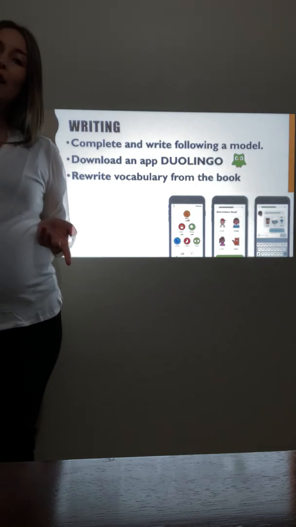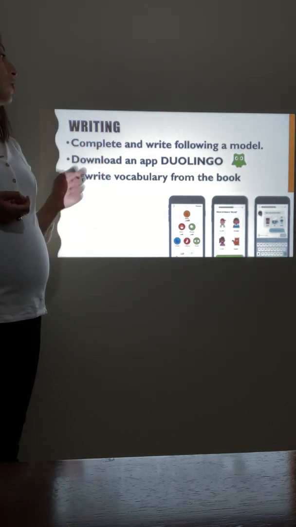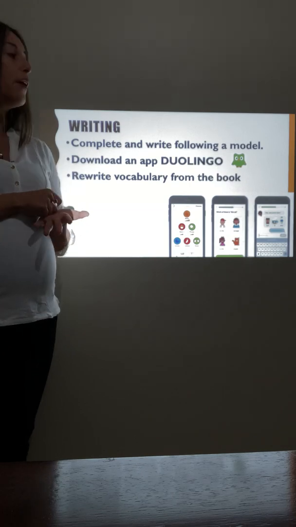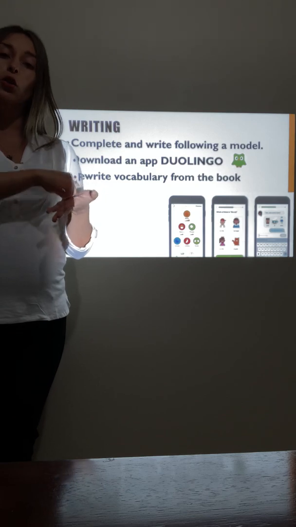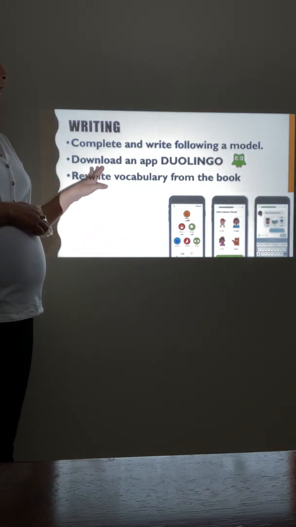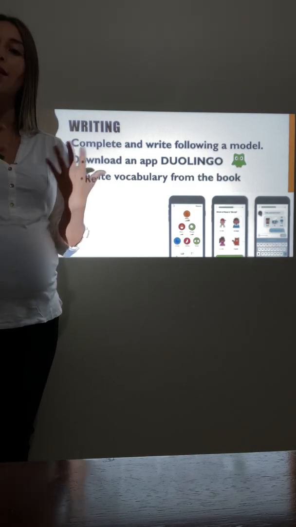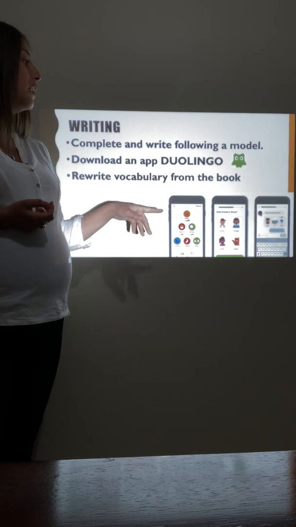Writing is a little bit more difficult for some of you, but you can write completing and writing following a model as we do in the worksheets. You write, but you follow different models. You can also, just in case you want, download an app called Duolingo.